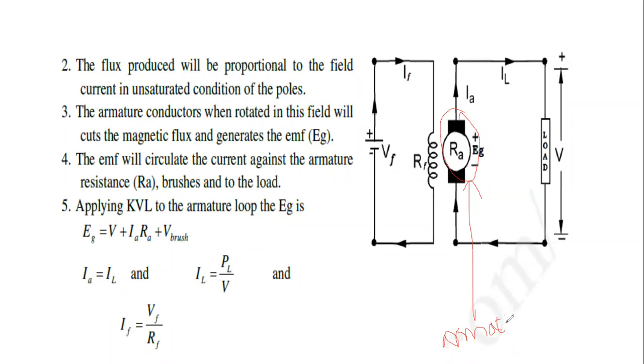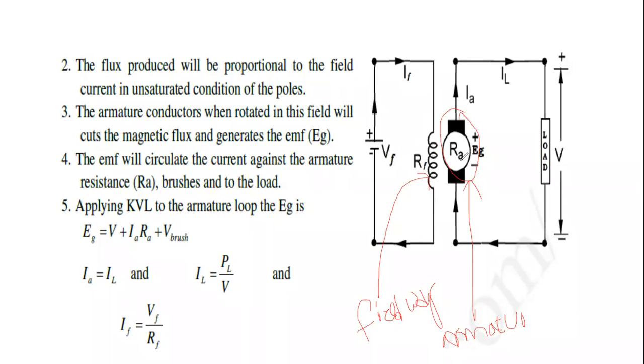This is the armature and this is the field winding. This is the diagram for the separately excited DC generator.